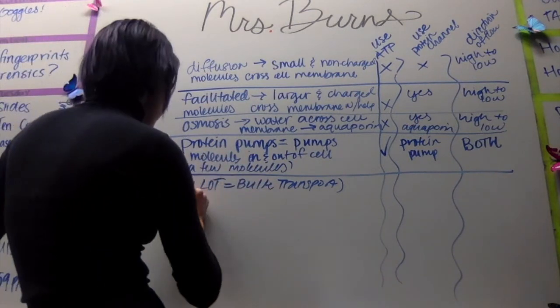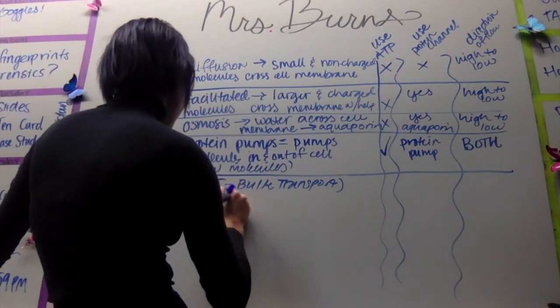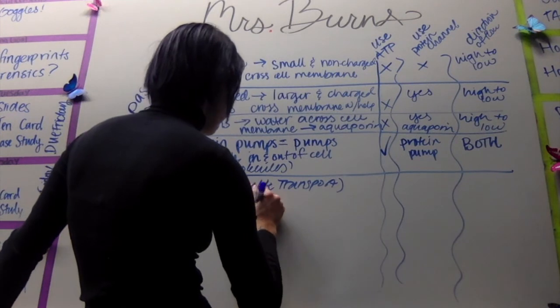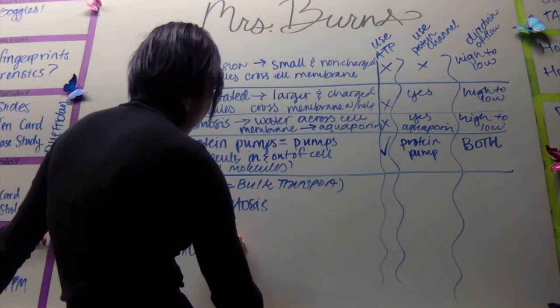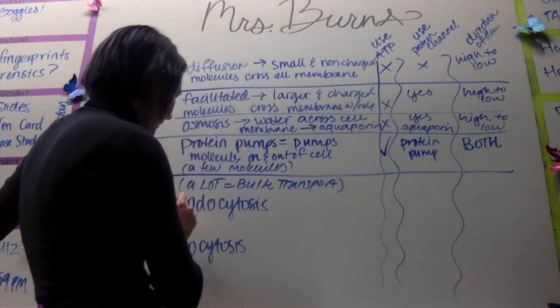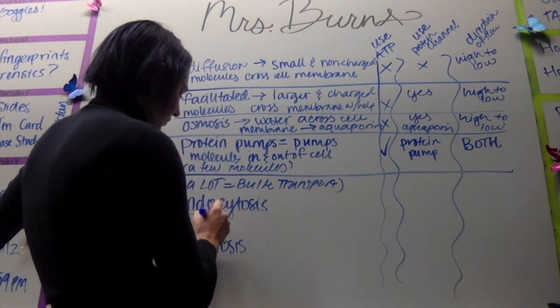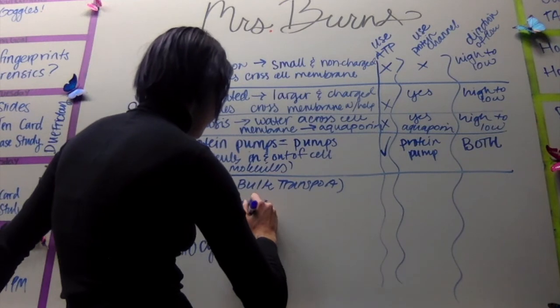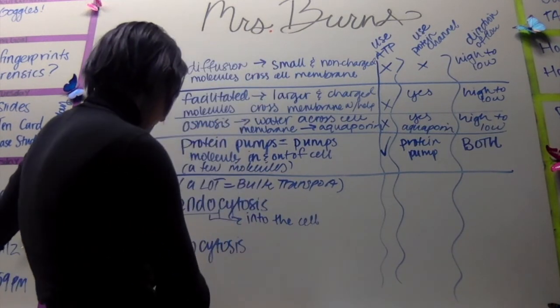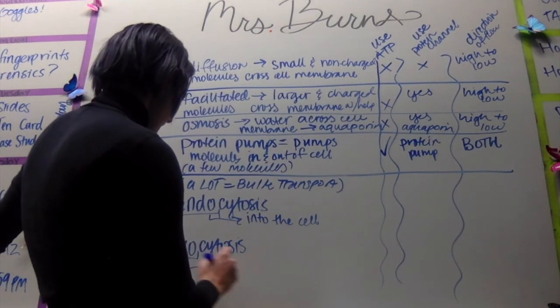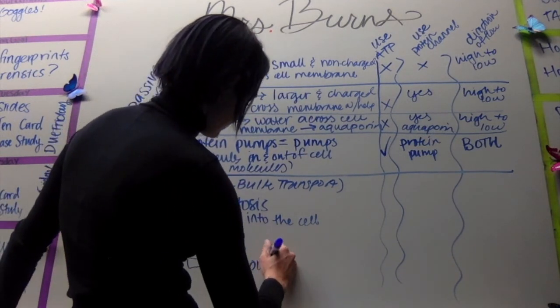And so bulk transport has two different forms: endocytosis and exocytosis. So I think of endo is in, so it's like into the cell. And exo is out of the cell. Exo, exit.